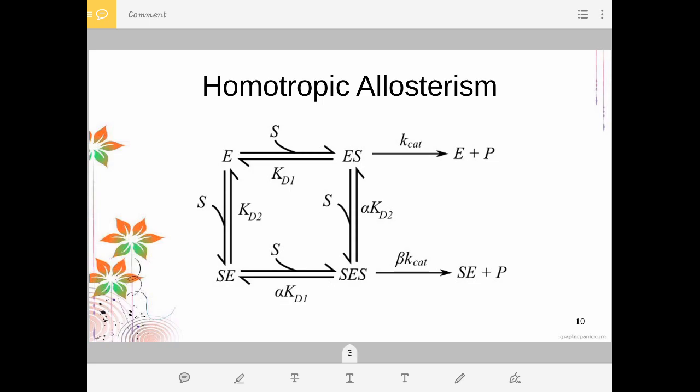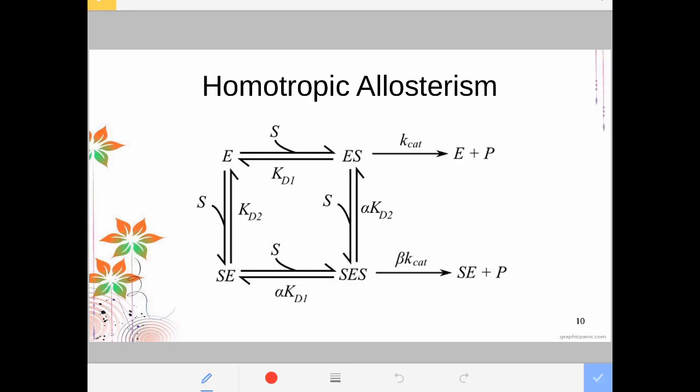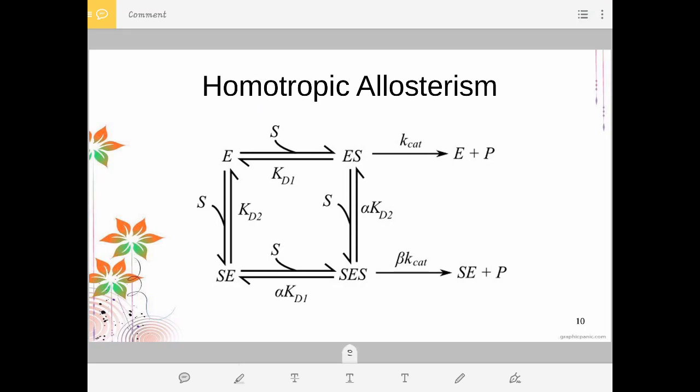So to simplify this model: homotropic, single substrate only. There are also heterotropic allosteric models where you have two different substrates. But for simplicity, as an introduction to allosterism, we'll just discuss a single type, the homotropic. You have only one type of substrate.